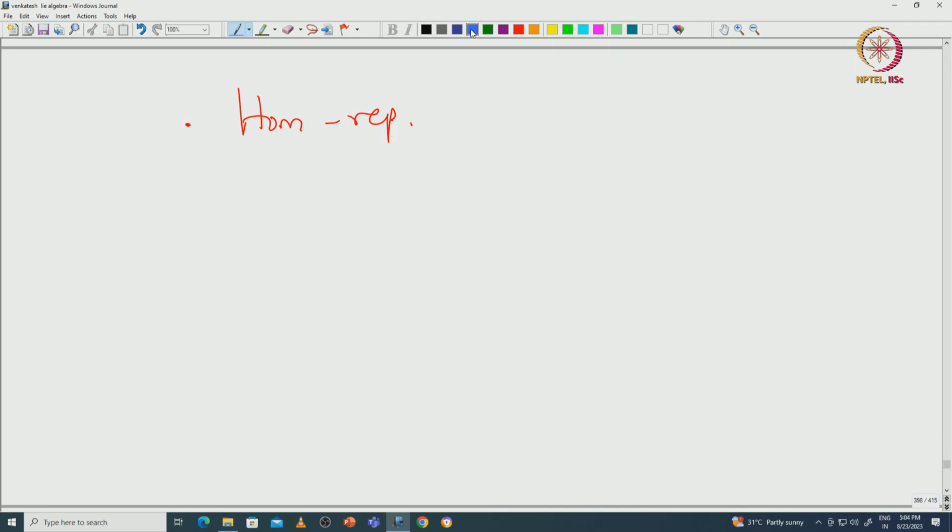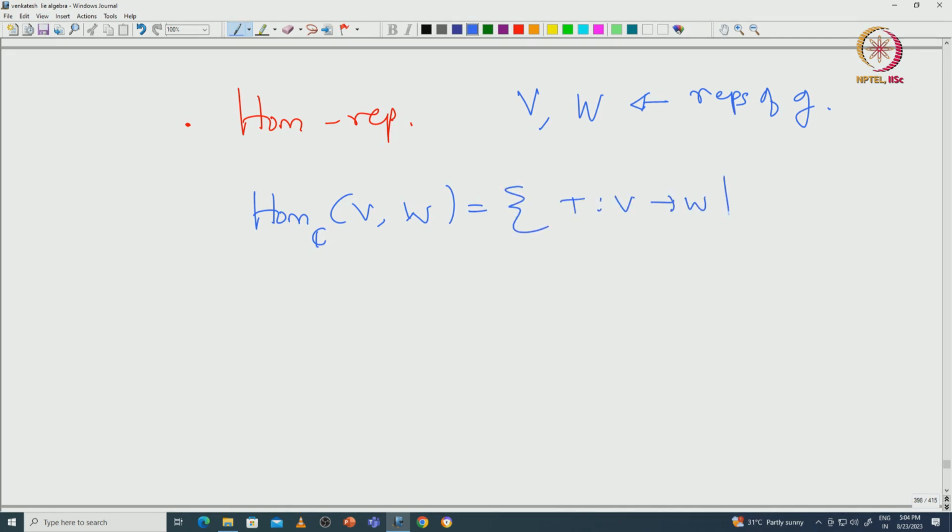Anyway, let me define what this Hom representation is. Let us say V and W are given to be two representations of G. Then one can consider what is called the Hom space, that is, the set of all linear maps from V to W, where T is C linear.